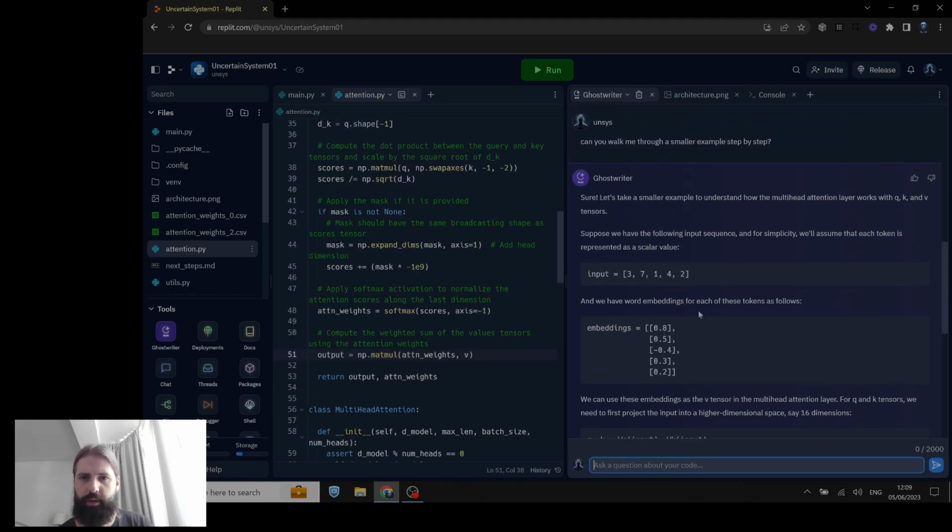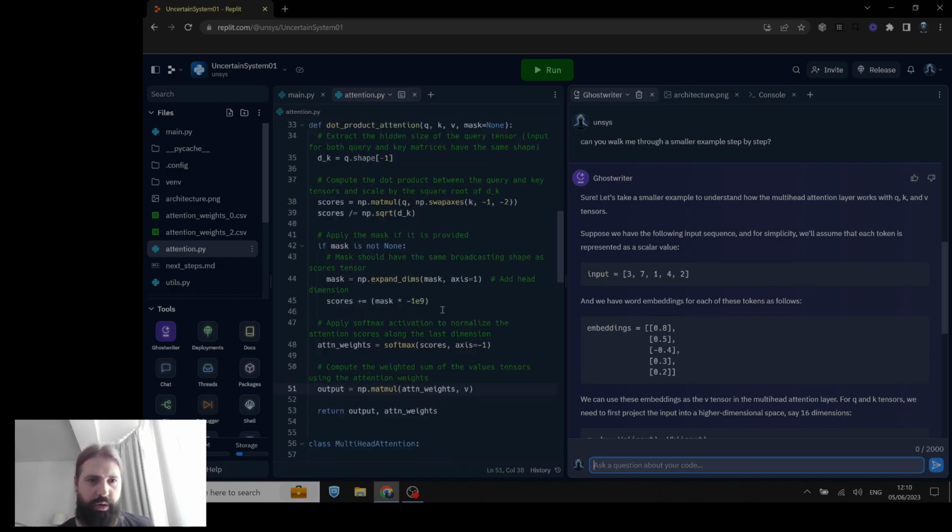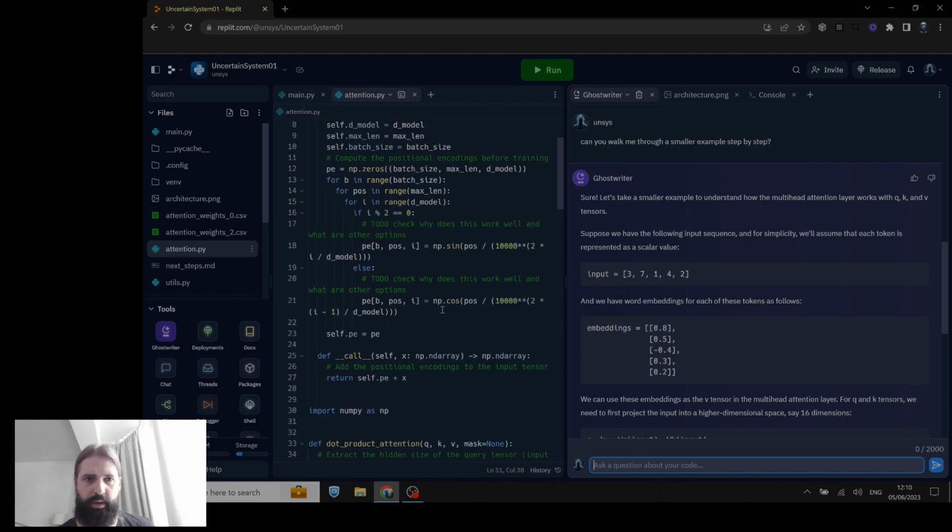Okay, so let's take a small example to understand how multi-head attention works with Q, K and V. Suppose we have the following input sequence, and for simplicity, we'll assume that each token is represented as a scalar value. But in my case, I thought these were already the embeddings.